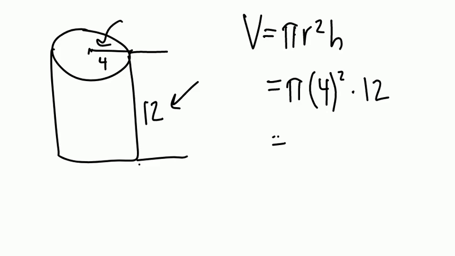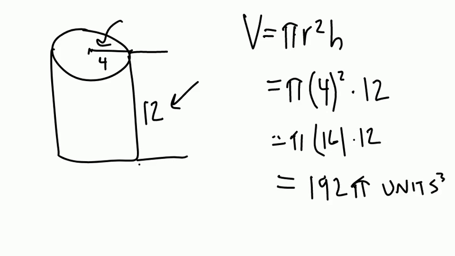If we do some math for this, we'll see that this is pi times 16 times 12, and this ends up giving us 192 pi units cubed. You can leave it as 192 pi, or if you feel the need, you can multiply this answer by pi. So then it would be 192 times pi units cubed.